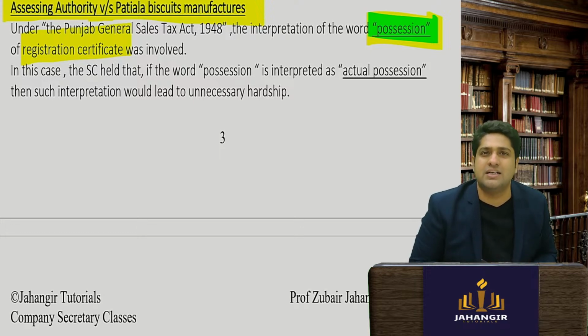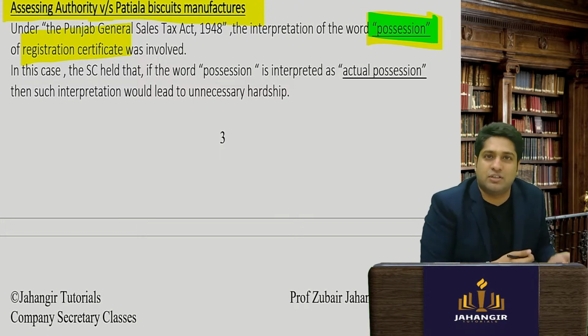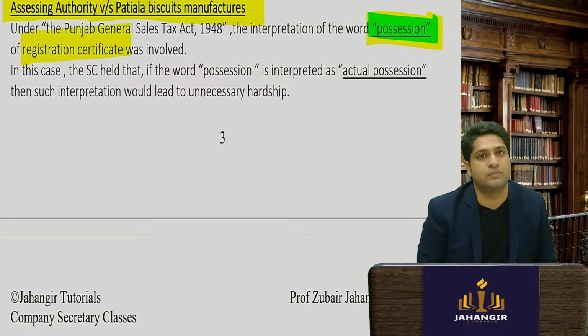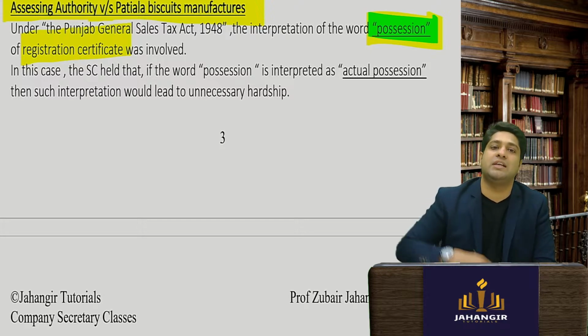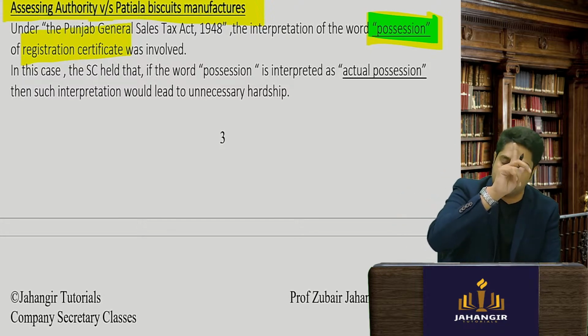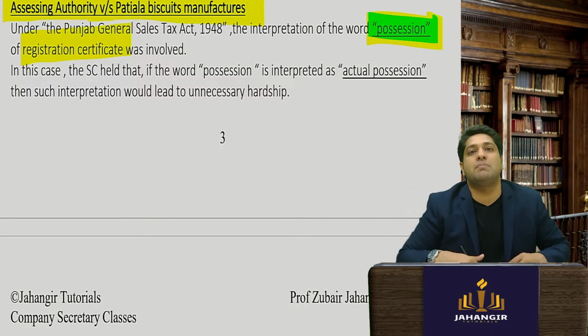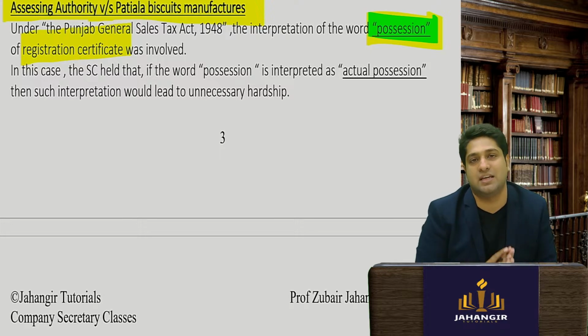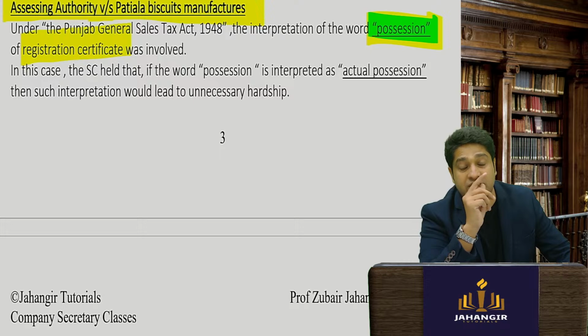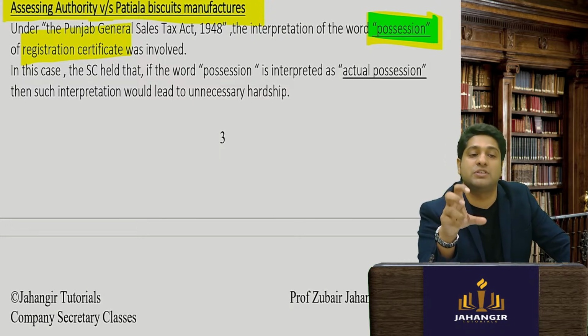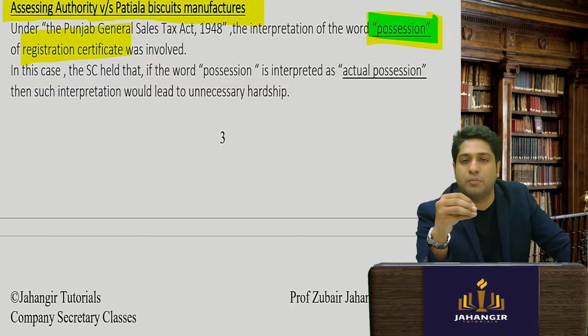But does it mean that 24/7 I will have the registration certificate with me? They say no. Again we will modify the meaning: possession means he must have obtained it at some point of time and can produce it whenever we ask him, within a reasonable time. So here we shifted the meaning from actual possession to actually acquiring the registration certificate.